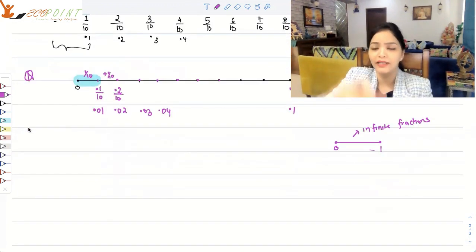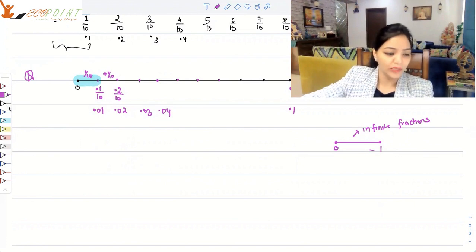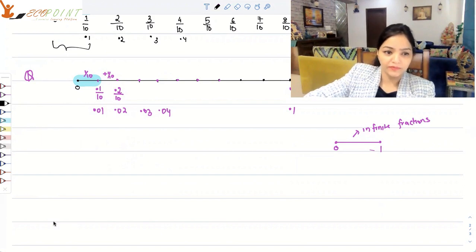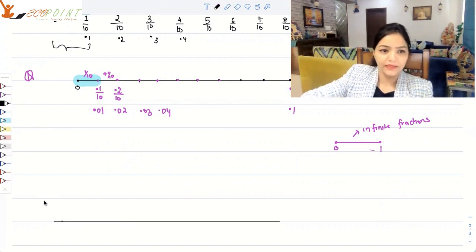How would I display this kind of a decimal number? So let's understand how we can do that. Say this is our line, and I'm going to start with 0 here. And this is 1 unit.